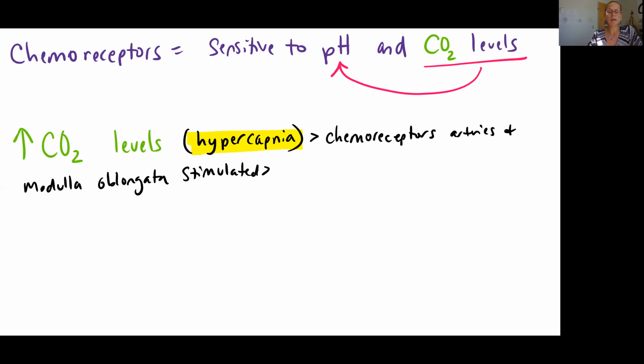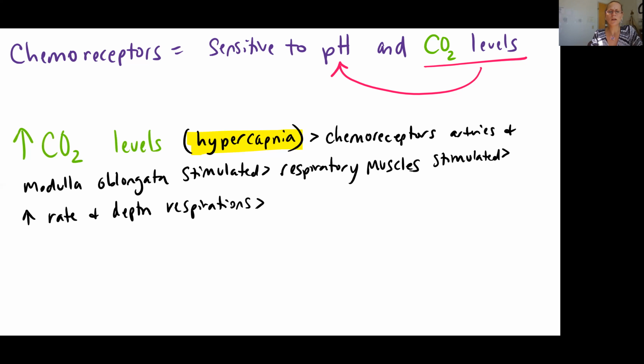We're going to see chemoreceptors are stimulated by elevated CO2 levels. Those chemoreceptors are located in our arteries and the medulla oblongata. So this is going to stimulate our VRG for our forced exhale. Your expiratory muscles are stimulated, and inspiratory as well.